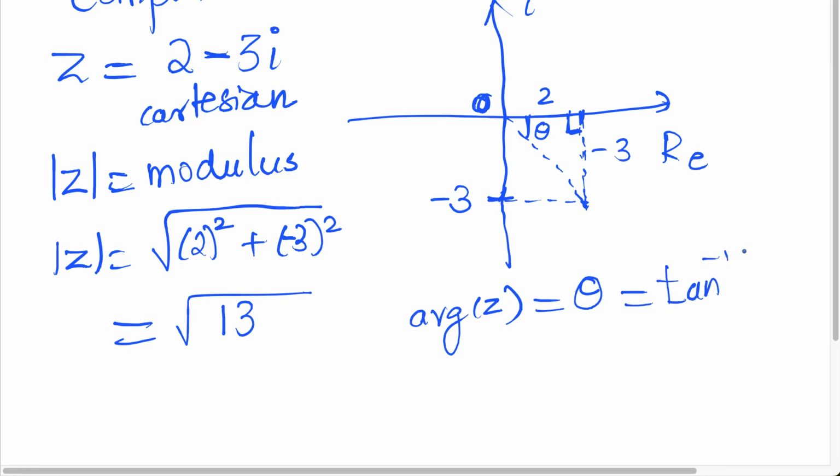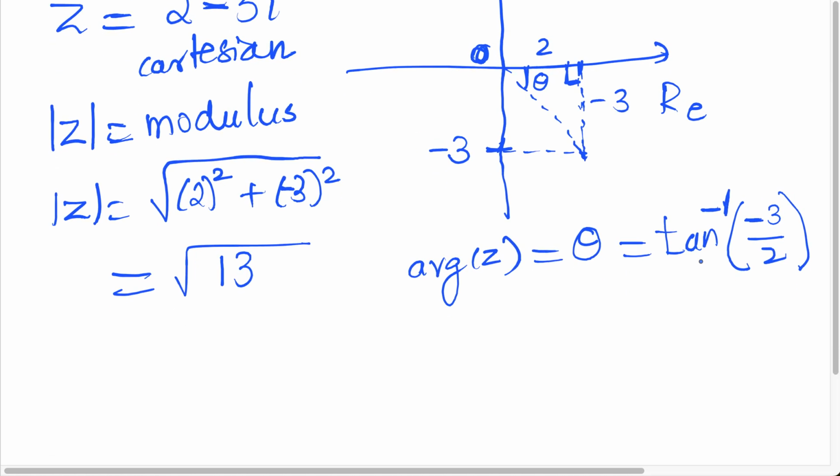I'm assuming that you have been introduced to this part of trigonometry. If not, then you will be able to understand this once you learn trigonometry, and you can come back and look at this video at that time. So argument is tan inverse of minus 3 by 2, and negative angle tells me that it is going clockwise, which means it is in the 4th quadrant.